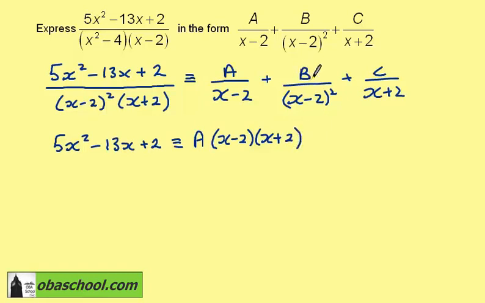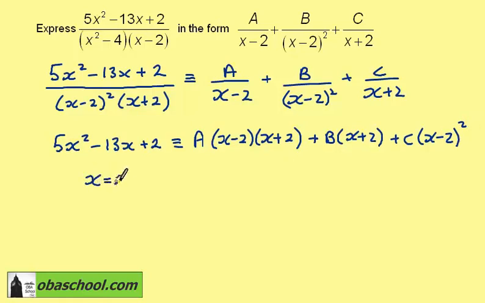If we multiply this term by the denominator, then the x minus 2 squared will cancel with the x minus 2 squared, giving us b times x plus 2. Multiplying this term by all of this means the x plus 2's cancel, leaving us with c times x minus 2 all squared.